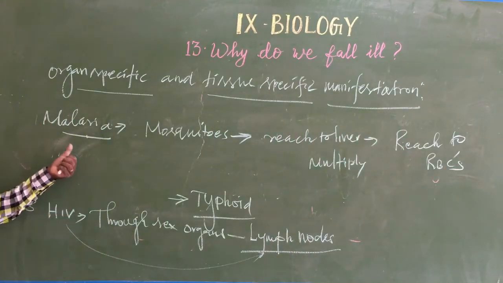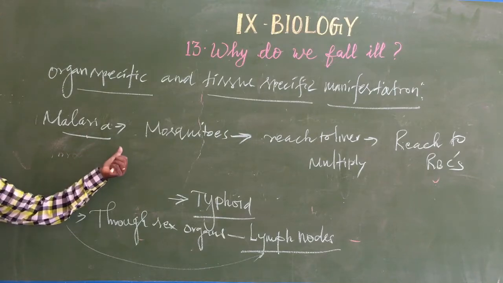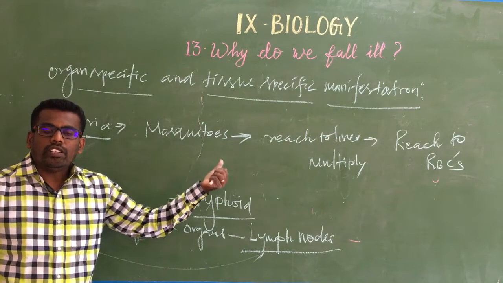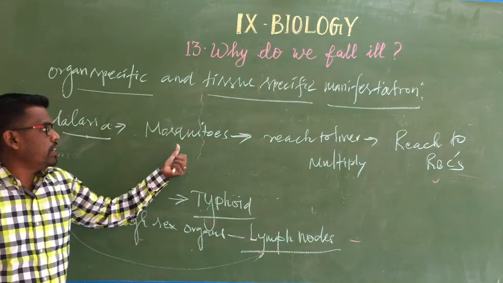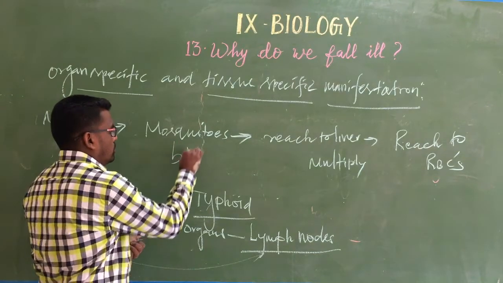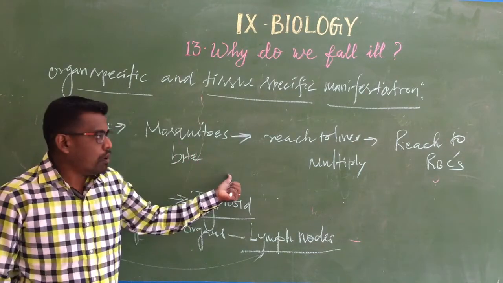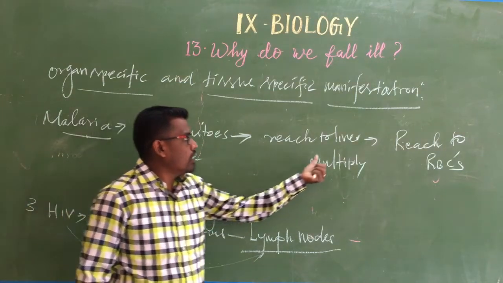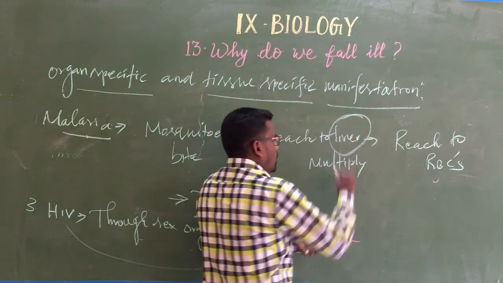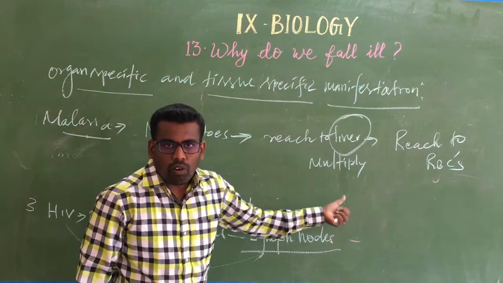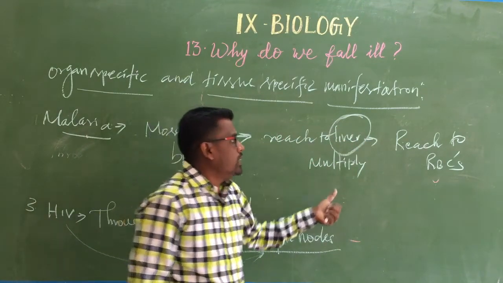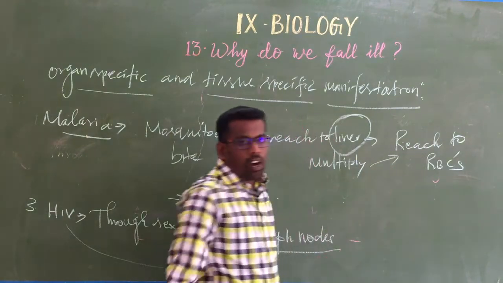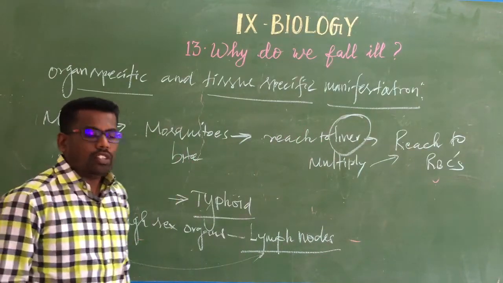Okay, again, the malaria causing agents are transmitted by the mosquito bite. After biting the human body, the agents reach the liver. In the liver, the microorganisms are multiplied. Then it reaches the RBC and it damages the RBC.